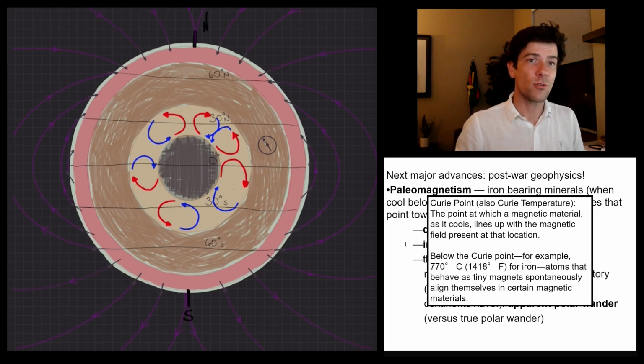And so over time, as volcanic eruptions occur and these iron-bearing minerals, these mafic minerals, crystallize, they preserve the magnetic field. And so we can go back into the record and reconstruct that ancient record, and people have, and it serves as a kind of barcode of these magnetic reversal events.